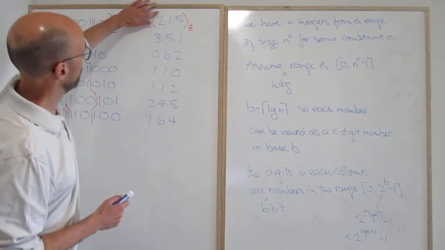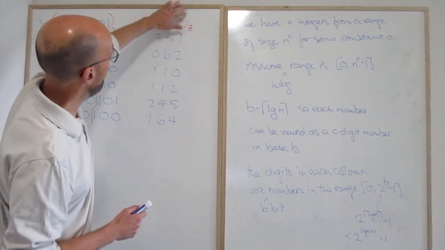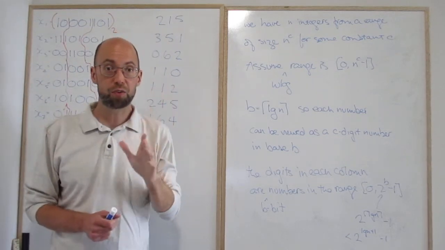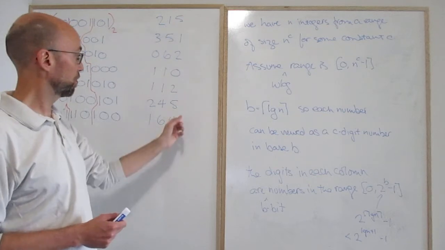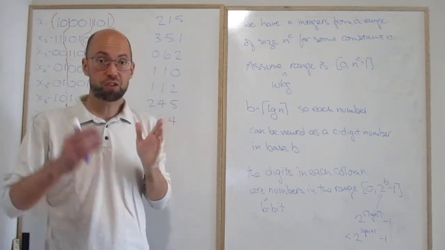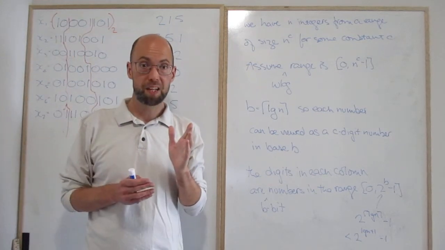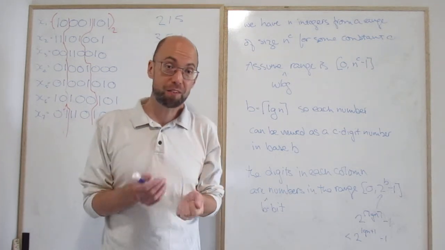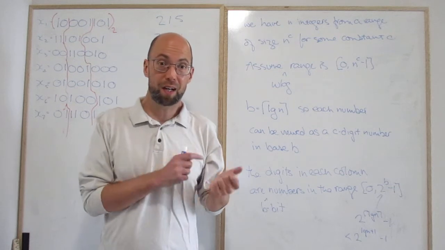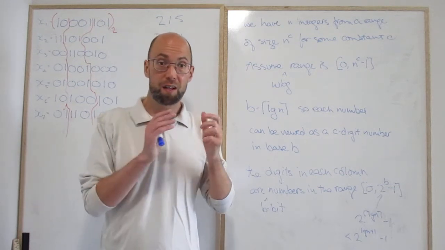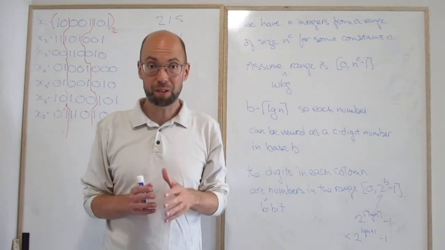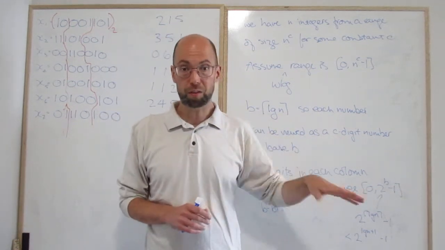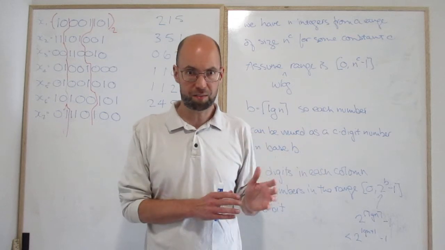So what are we going to do? The important thing is that we're going to counting sort each column, and we're going to do it stably. And the reason for that is if you do a least significant bit first radix sort and you do it stably, then you can forget about any column that you've already processed because it won't get messed up.